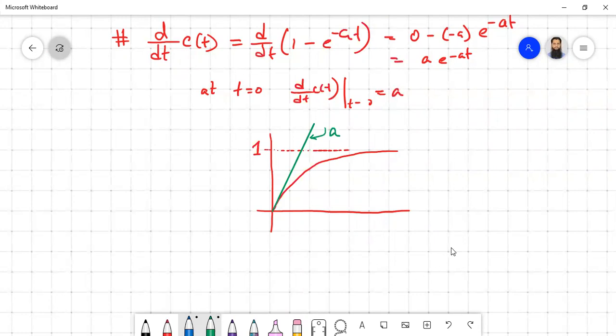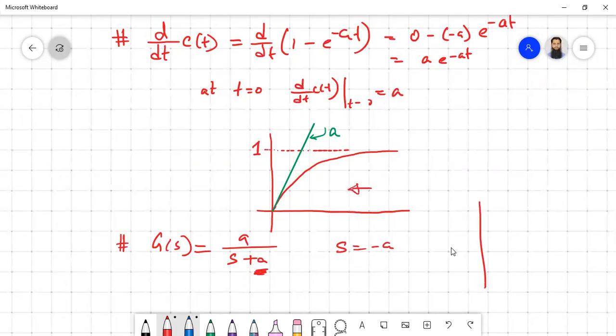And another thing you can relate, whether you noticed or not, is that your G of s was a by s plus a, isn't it? So a is nothing but your pole location. So not only from this plot, but from the pole location as well, you can figure out the value of a.